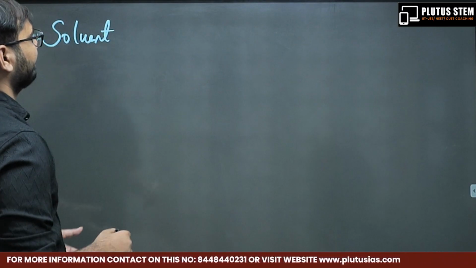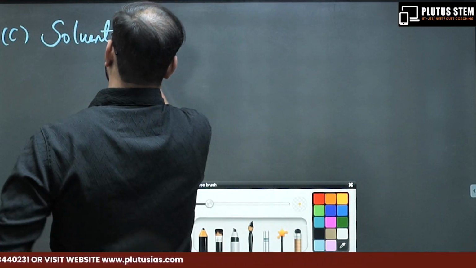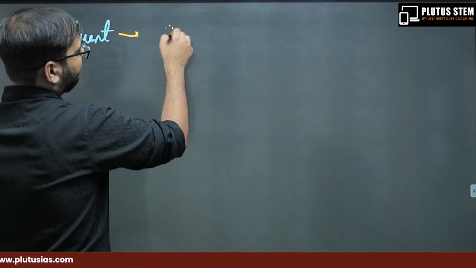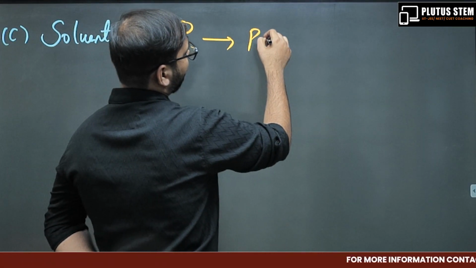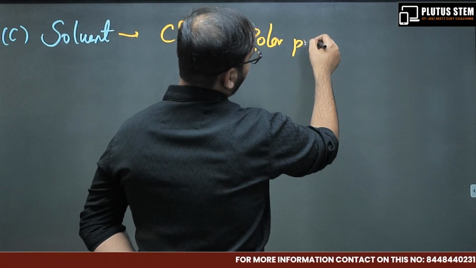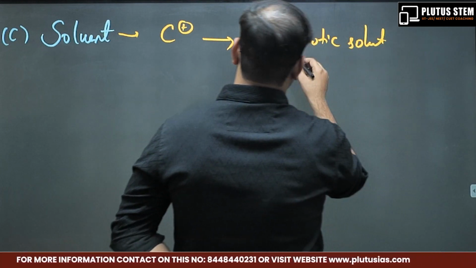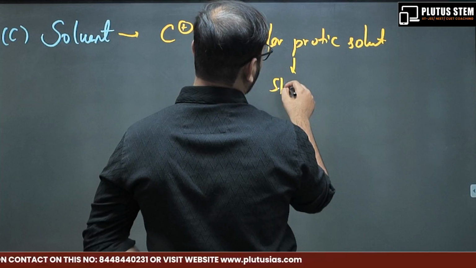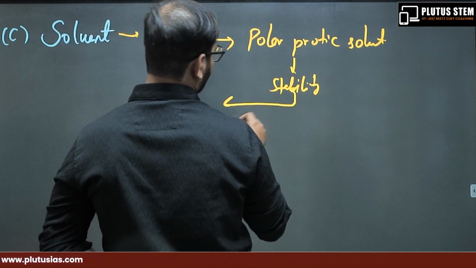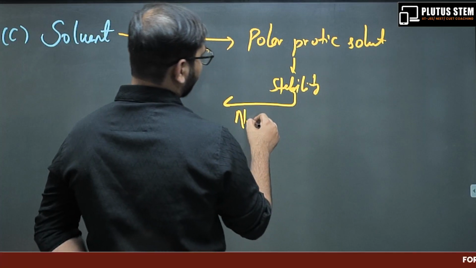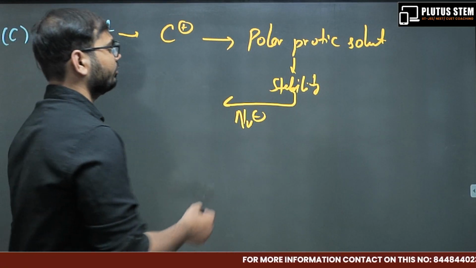For the third factor, we have the solvent. Since the carbocation is the intermediate, it is stabilized by polar solvents, primarily polar protic solvents, which provide stability to the carbocation. If the carbocation is stable enough, it can wait for the nucleophile to approach.